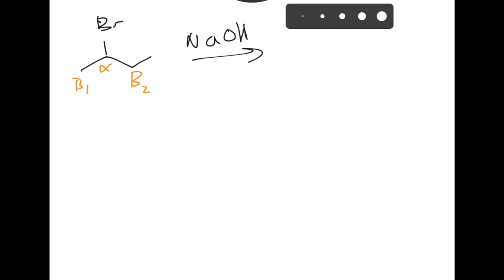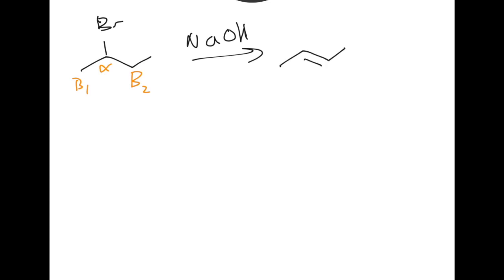So, again, my super easy one that you already know the answer to: if alpha, beta 1, beta 2, beta 1 has 3 hydrogens on it, beta 2 has 2 hydrogens on it, beta 2 has less hydrogens than beta 1. That's where your double bond goes.